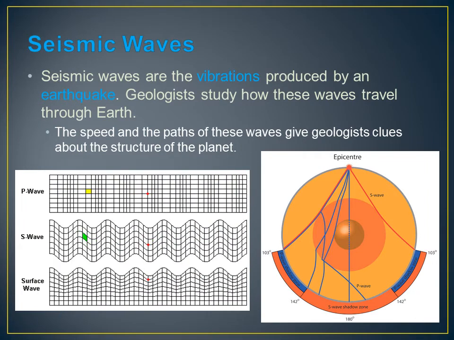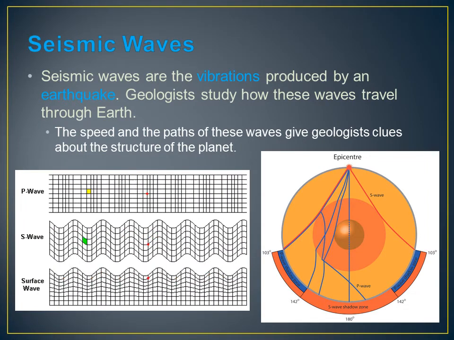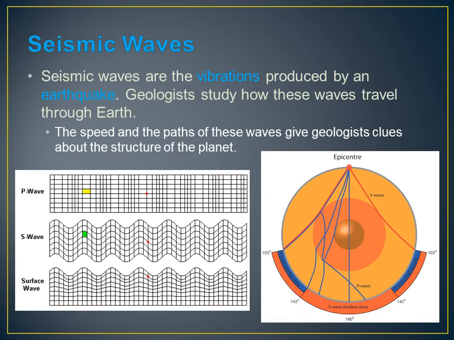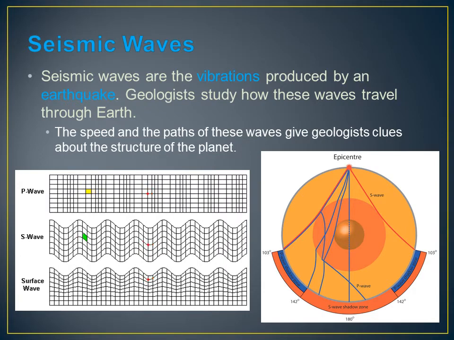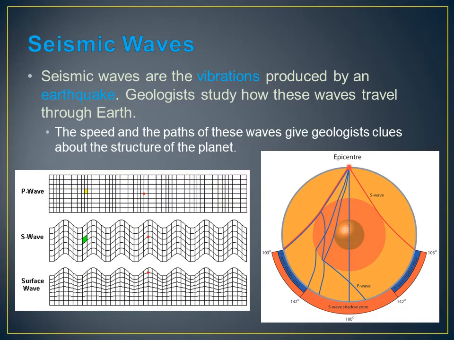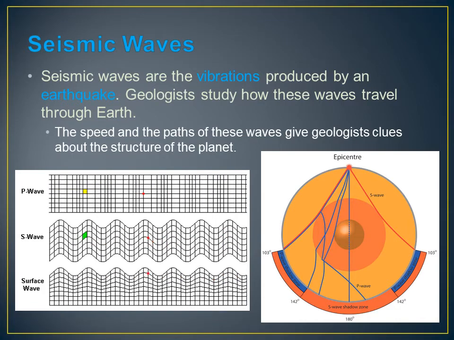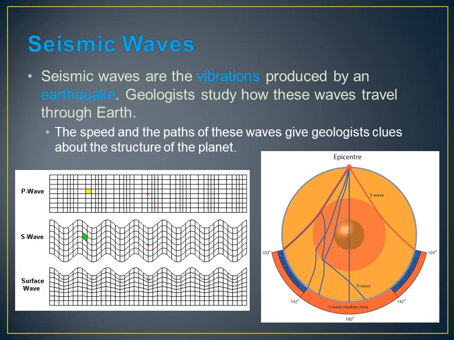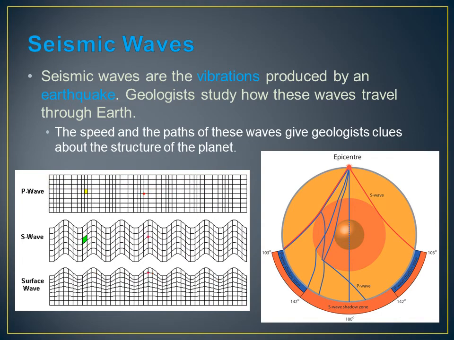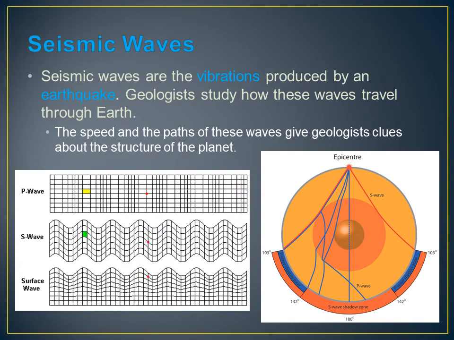The other way is seismic waves. Now, this is a brief overview. We'll look quite specifically at seismic waves when we talk about earthquakes in a couple weeks, I'd say. So seismic waves are the vibrations, the movements produced by an earthquake.